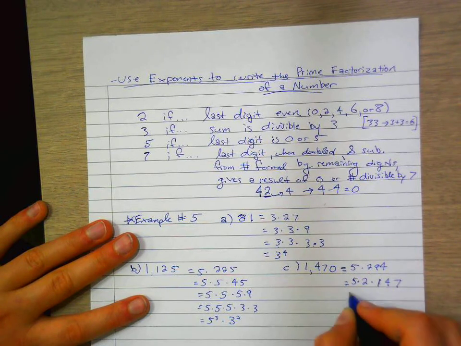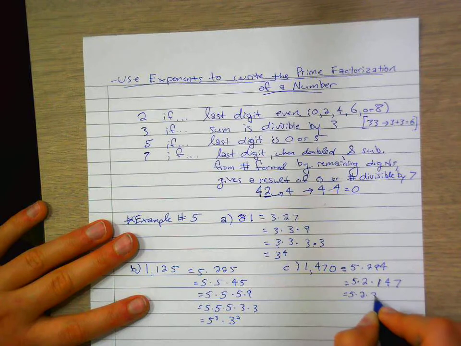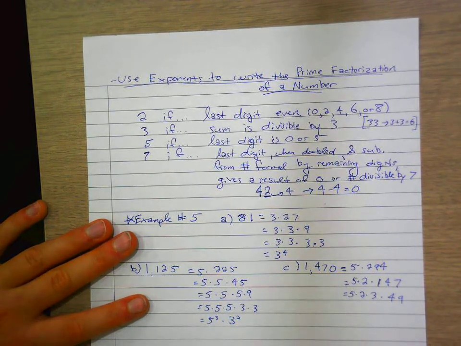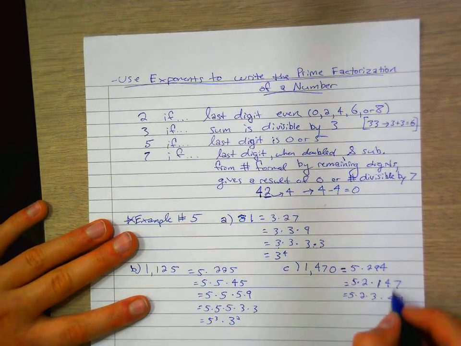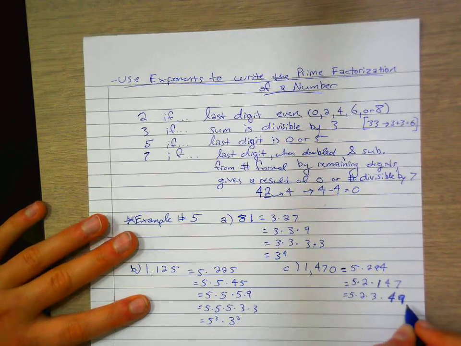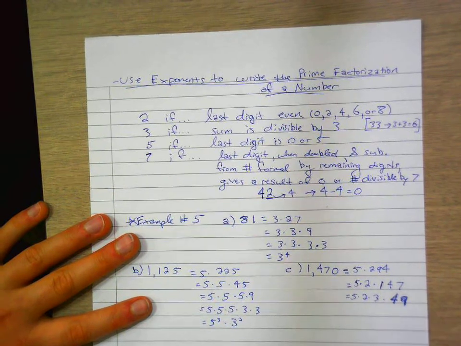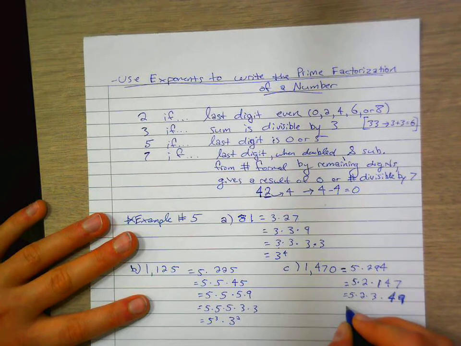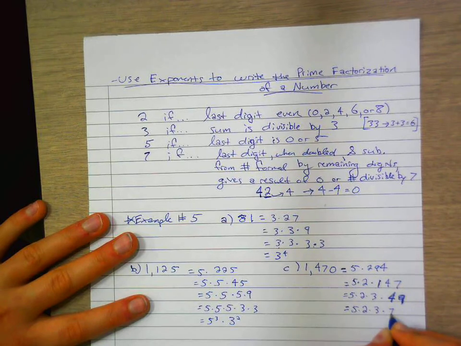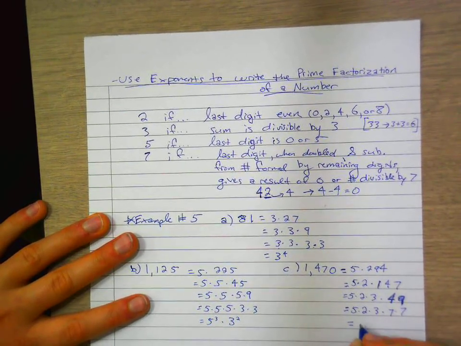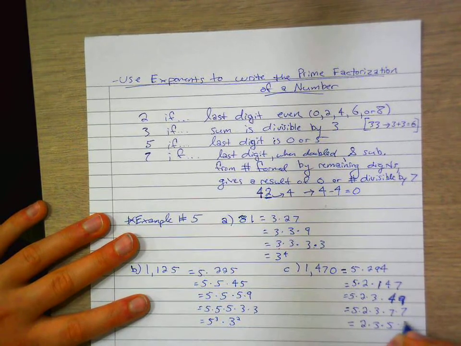That's divisible by 3, so the whole number is divisible by 3. 49 is divisible by 7, I apologize. 49 is divisible by 7 because the last digit, 9, times 2 is 18. 18 minus 4 is 14, and that is divisible by 7. Therefore, it is divisible by 7. You have to pull out all your tricks. And then we get 2 times 3 times 5 times 7 squared.